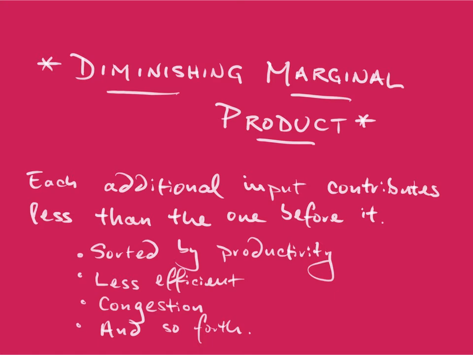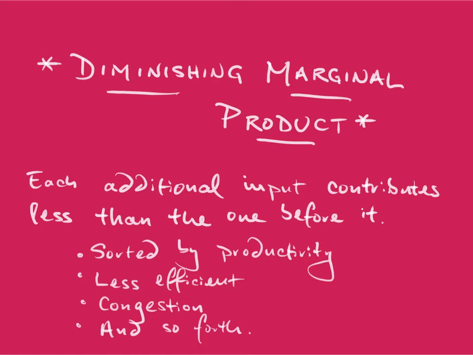And there are several reasons why we might expect that this normally happens at firms. Okay, maybe not always, but typically we expect that firms have diminishing marginal product. One is that workers might be sorted by productivity. In other words, there might be one person in the world who can produce 90 widgets, another who can produce 70 widgets, another who can produce 80, another who can produce 100.